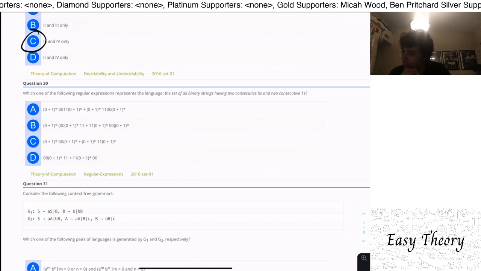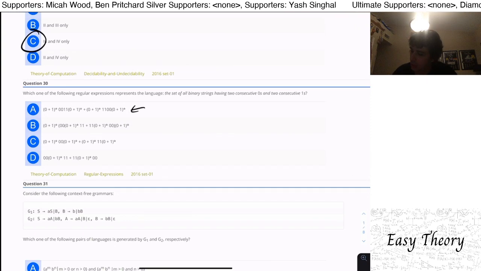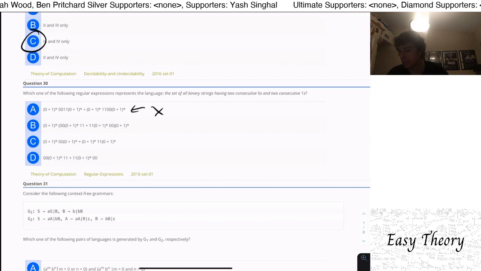Which of the following regular expressions gets the language: the set of all binary strings having 2 consecutive zeros and 2 consecutive ones? Oh boy. Okay, so let's actually figure this out. Well, this one does not work because the consecutive zeros and ones don't have to be next to each other.